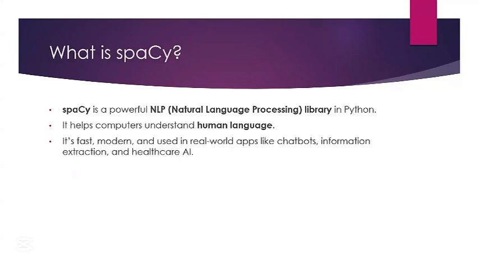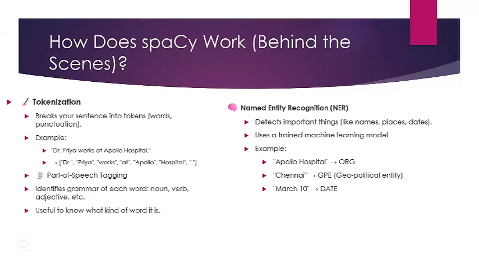Okay. So for this one, I am using another library in Python called spaCy, right? This is one of the most popular libraries which help to do natural language processing. Within this library, it also does, as I said, the tokenizing part.